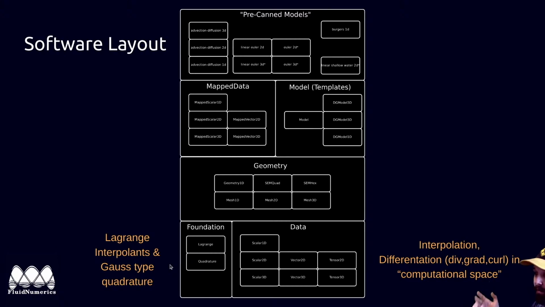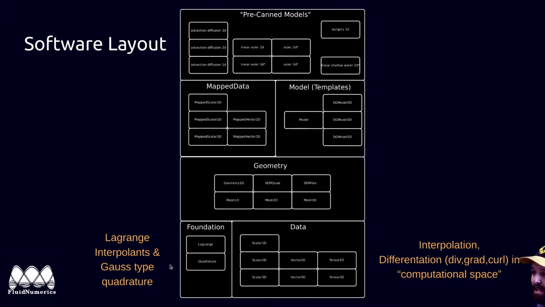In 1D, differentiation is just the derivative, but in 2D and 3D, you have options for divergence, gradient, and curl. And for the divergence and gradients particularly, we have strong and weak formulations of each of those. All this is done in computational space at this point, so there's no mapping down at this bottom level.